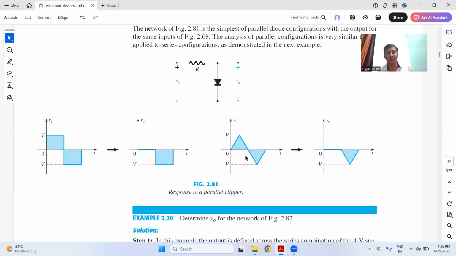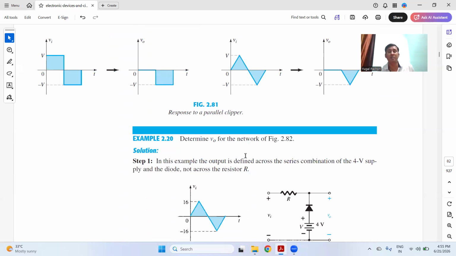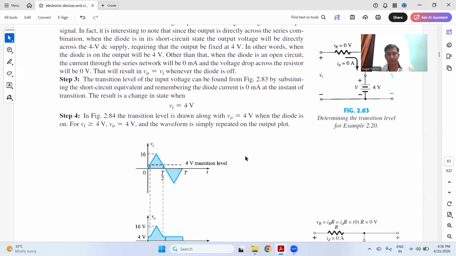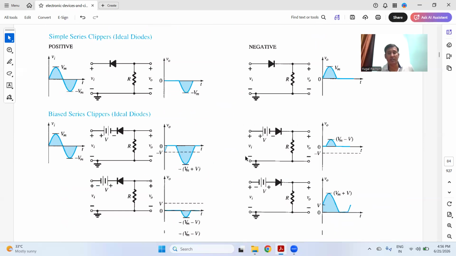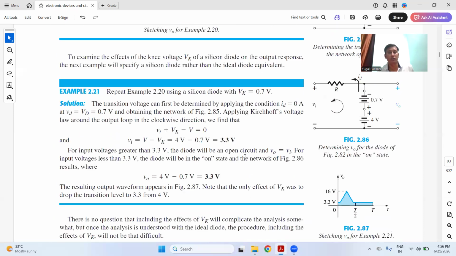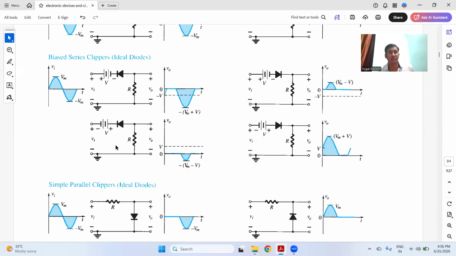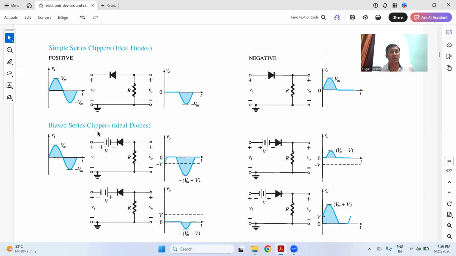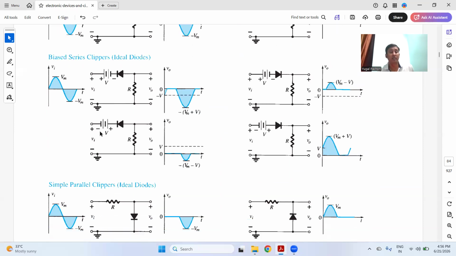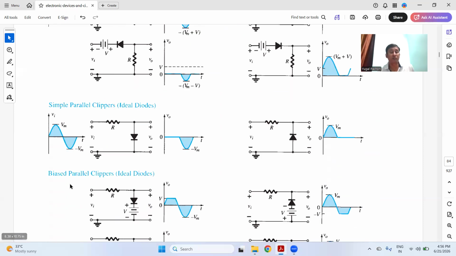Again, the operations remain the same, and you can do the analysis to find the output of the clipper in the parallel connection. After that, there is one more circuit that I will tell you, and you can do some examples. These are some of the combinations of the clipper: positive clipper, biased clipper, simple parallel clipper, ideal diodes, biased parallel clipper, simple parallel clipper.